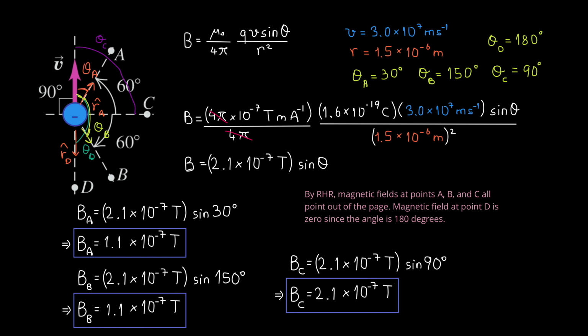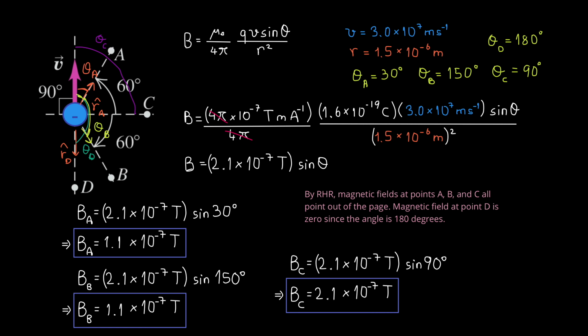So basically, you're curling your fingers towards right. Your thumb is pointing into the page. Now, this would have been the direction of the magnetic field if we had a positively charged particle. Because this is a negatively charged particle, the direction is the opposite of that. So the magnetic field vector at point A points out of the page.